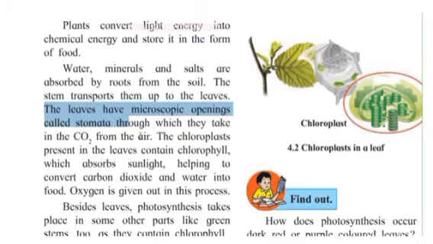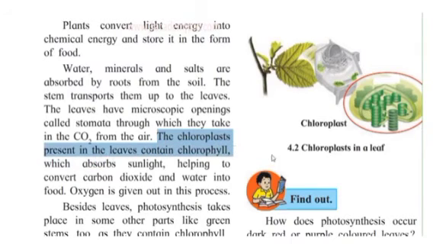So we know that plants absorb carbon dioxide and in return give out oxygen. So they take the carbon dioxide, and the chloroplast present in the leaves contains chlorophyll. If you can see the picture given alongside, this is the chloroplast. It contains chlorophyll.